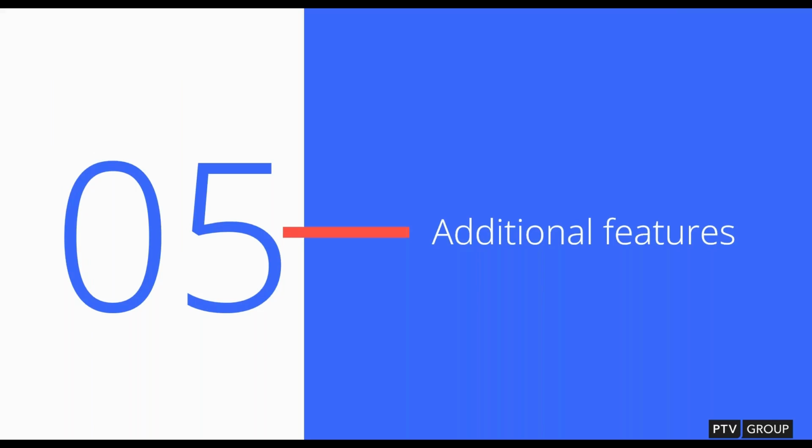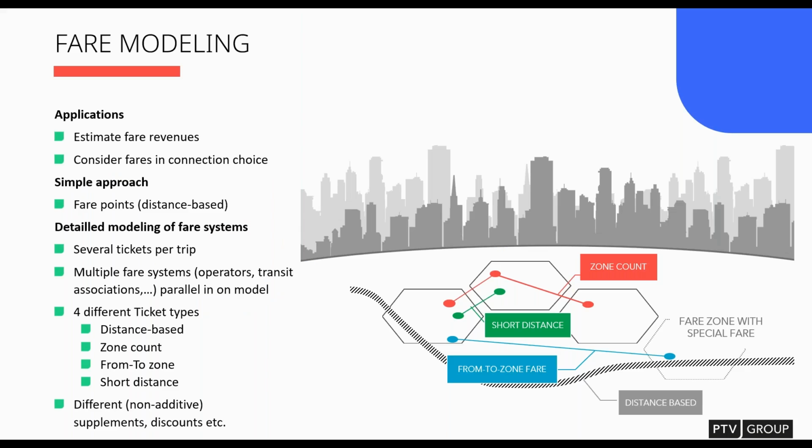Now we'll walk through some additional features, some extensions of the transit system in Visum. We have quite an extensive fare modeling system for estimating revenues and considering fares as a connection choice.